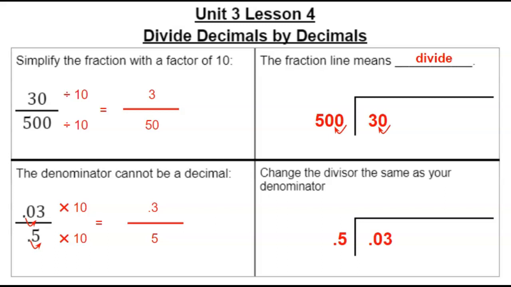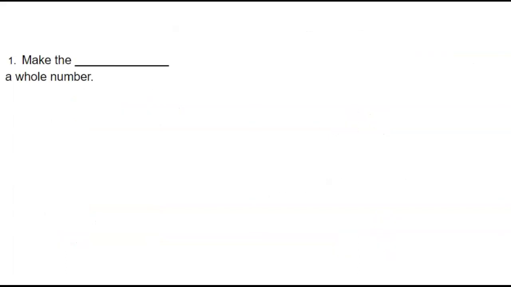So we had 5/10 as our divisor or our denominator, and we're going to move it once to the right to make it a whole number, 5. So that means we move our decimal in our dividend one time to make 3/10, and then we float our decimal up.